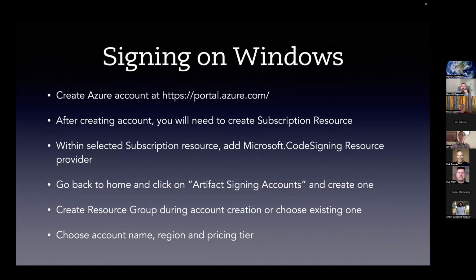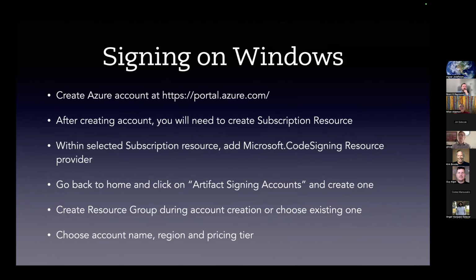Then you have to create a signing account, then a resource group, and choose your account name. Then the region, which is very important because when signing you have to provide the endpoint. If you choose Western Europe, as I did, I have to use that region, because with any other region, signing will fail.